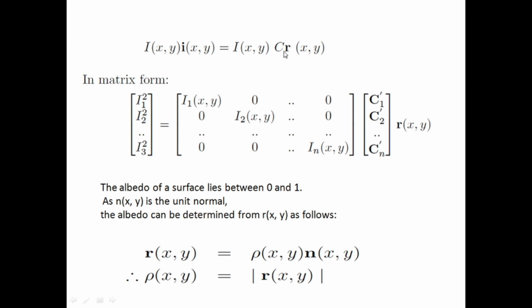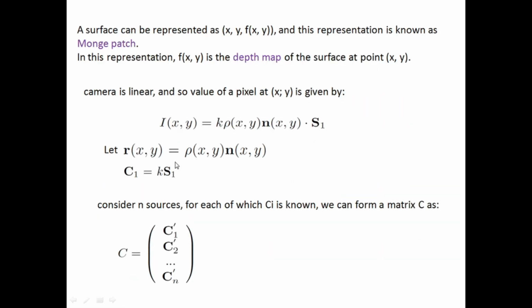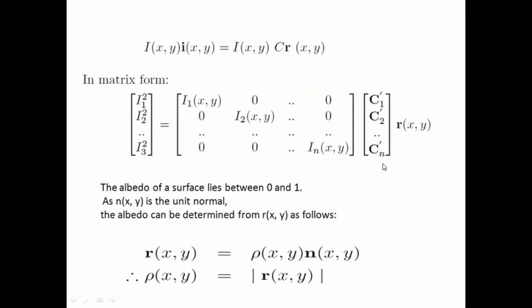C into R, where C is an n cross 1 matrix, C1 transpose, C2, C3 up to Cn, into R of x comma y. But R of x comma y is nothing but what we have taken as rho into n. Rho is the albedo, n is the normal component.